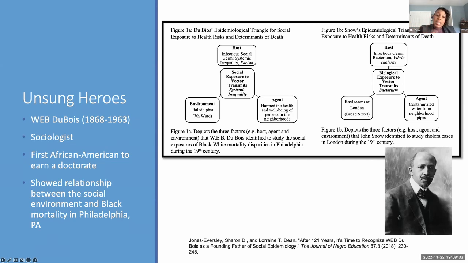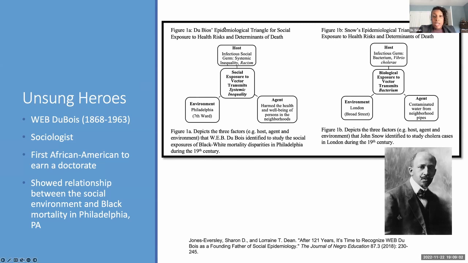And what W.E.B. Du Bois did was he looked at the relationship between the social environment in Philadelphia and the mortality of Black people living in Philadelphia at the same time. And he used a number of different types of data, including visualizations, qualitative interviewing, and survey data to think about what were the causes of disease, particularly for Black Americans in Philadelphia.